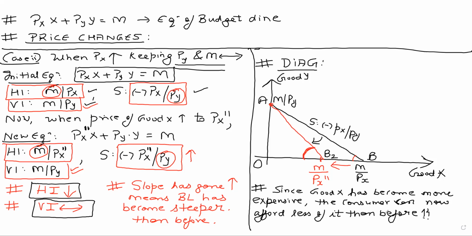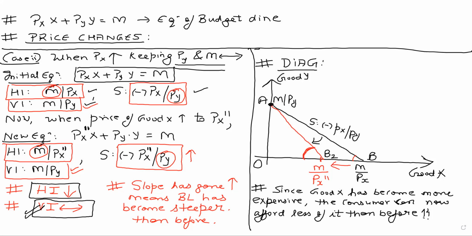Since good X has become more expensive, guys, for the same good Y, you can see the vertical intercept is not changing. For the same good Y, since good X has become more expensive, the consumer can afford to consume less of it than before. So I hope students have understood the case of the price of good X rising.